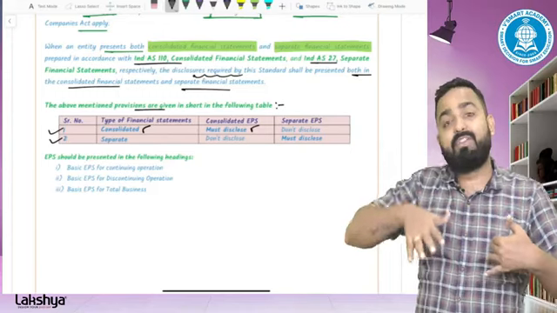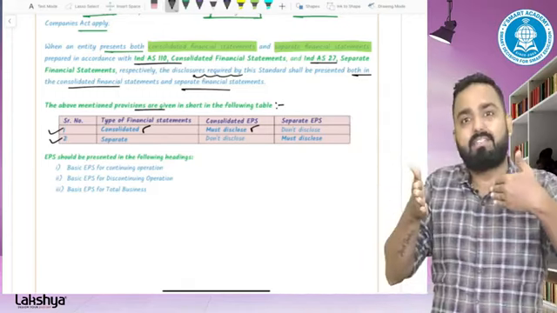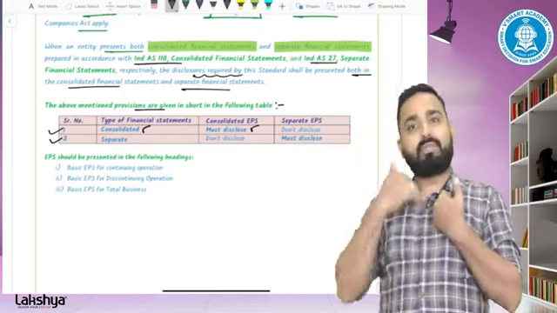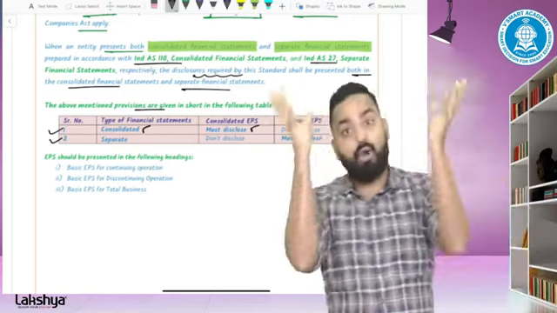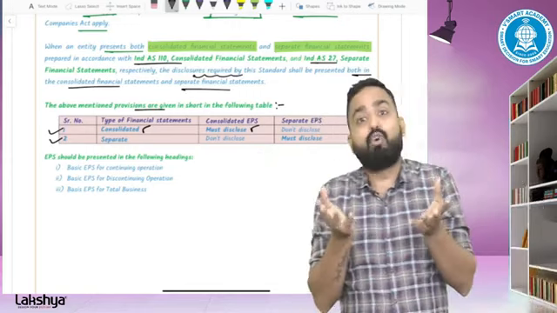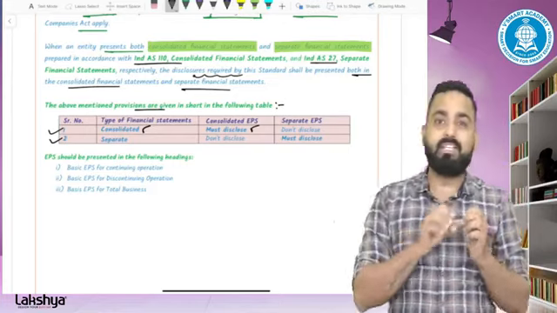In the profit and loss of CFS, there will be two businesses, the business of the holding company and the business of the subsidiary. So the entire profit will have two parts, the profit from the holding business and the profit from the subsidiary business.